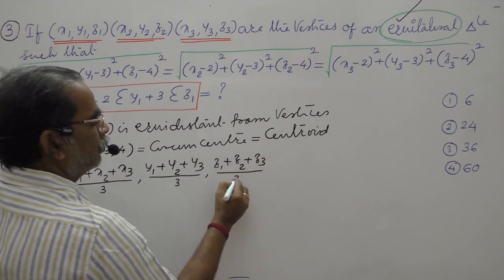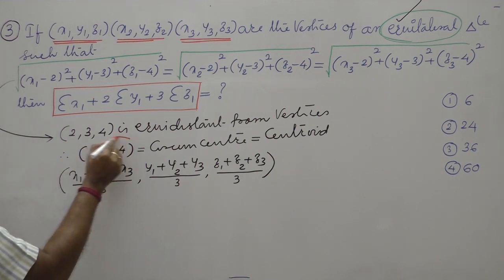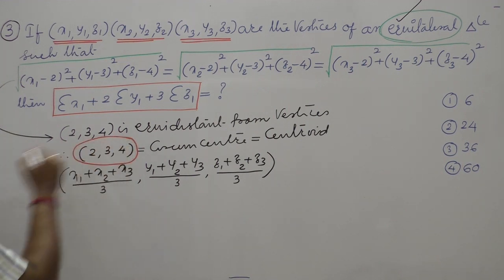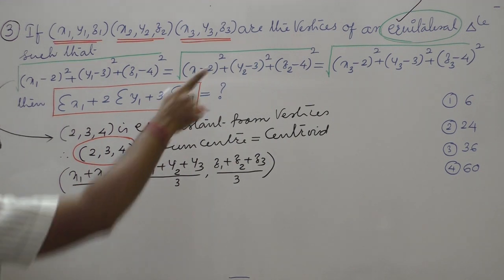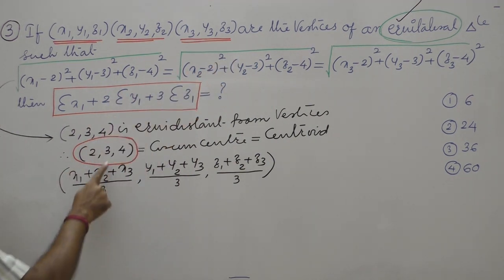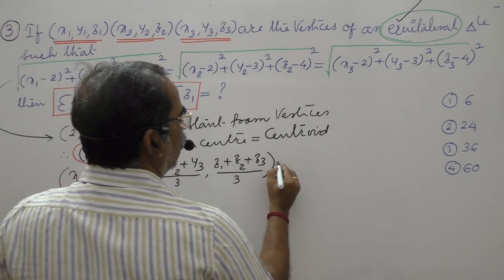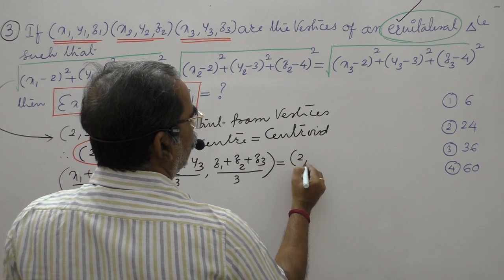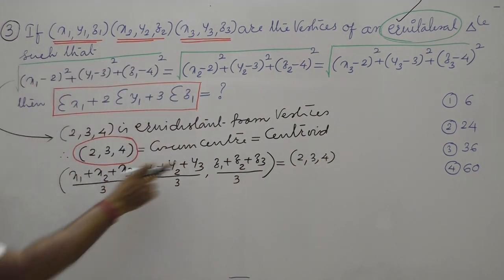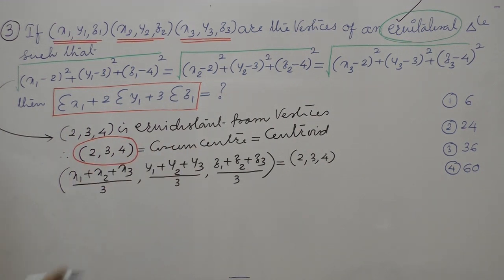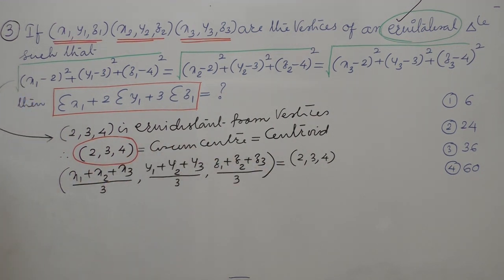This is what? Centroid. This point is equidistant from the vertices. That means it is circumcenter. But the triangle is equilateral, therefore the same point is centroid also. So this can be equal to (2, 3, 4). Now equating, if 2 points are equal, their first, second and third coordinates are separately equal.